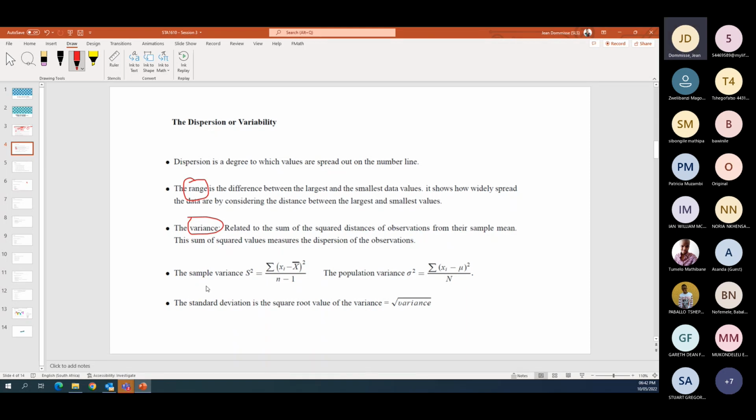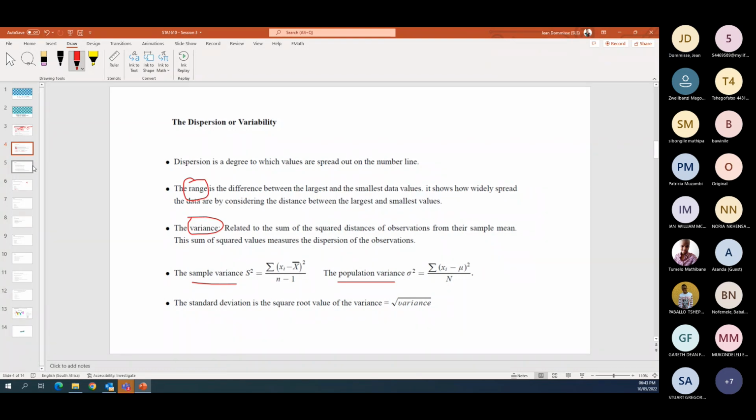Then the sample variance is basically a subset of the population. If we know the population variance, the sample is always a subset of it, so the formula is very similar.